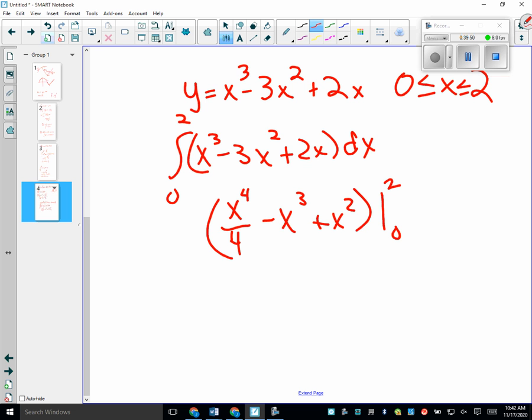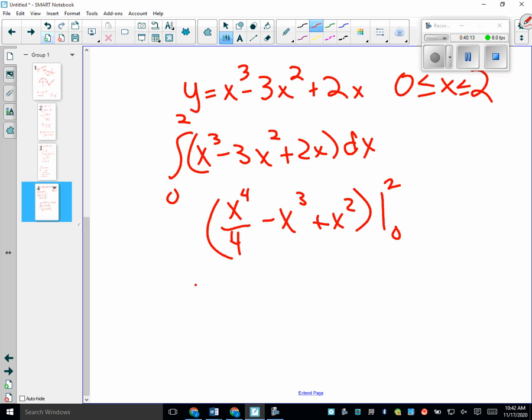Okay, I'm missing something here. Why aren't you dropping on the x cubed? Why didn't you put it on the bottom? Oh, because the 3 in front and it cancel out. We always reduce, because if you don't reduce, the problem gets more complicated. So now what am I going to do? Plug 2 in.